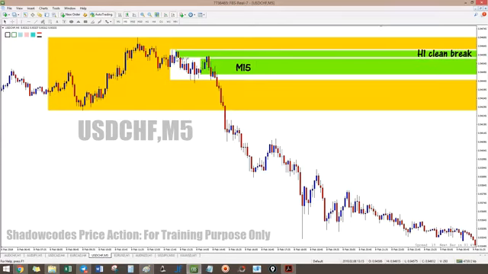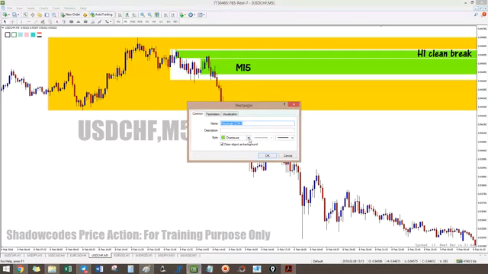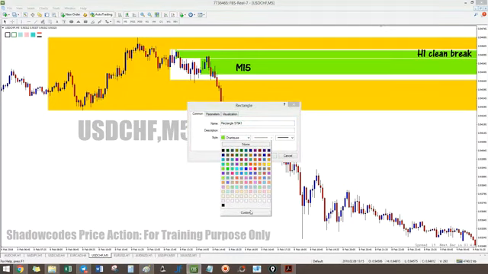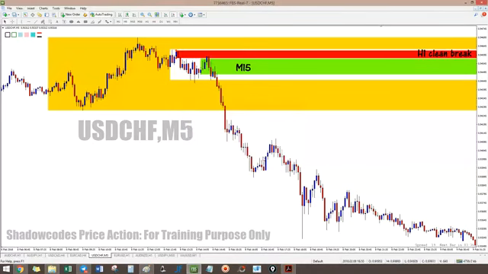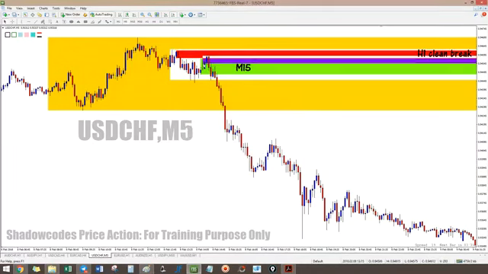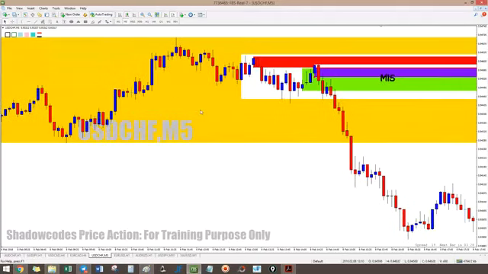For example, for M5, we will mark it with red color. Okay, red color. This one is also a clean break. This one is a clean break. This one is not a clean break. Alright, that's it.